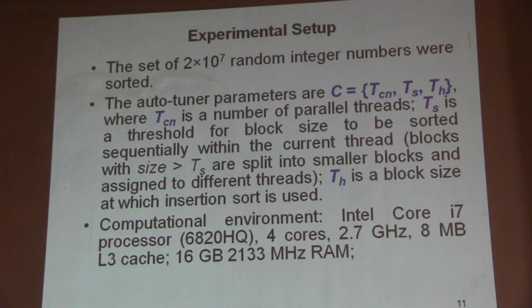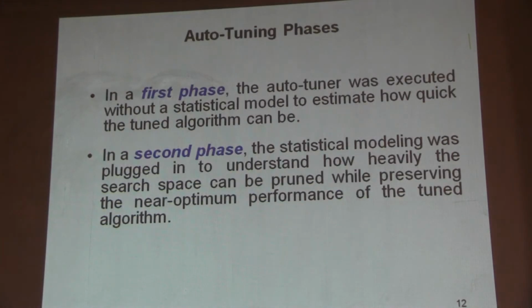Experiment setup. So a set of 20 million random integers was sorted. We had 3 parameters, and computation was performed on a small notebook, 4 cores, random access memory. 8 megabytes of cache, so insertion sort definitely should work.